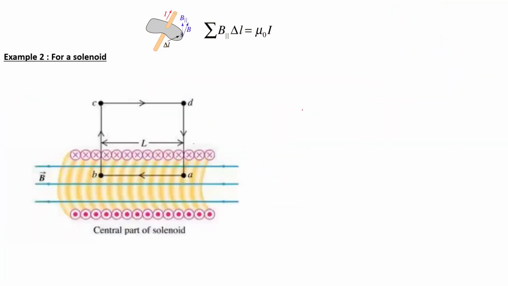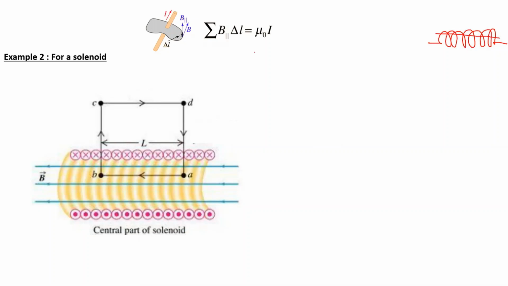Now let's go to the other example that's given in your textbook. Here I have drawn a cross section of a solenoid. You know solenoid, right? This thing. Here I have cut the solenoid in half and drawn a cross section.